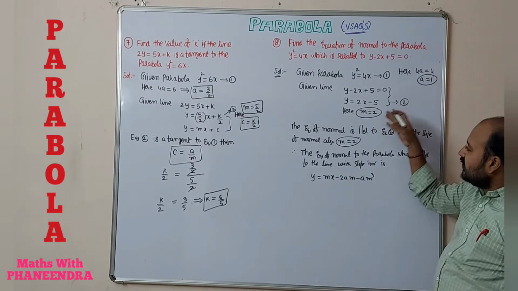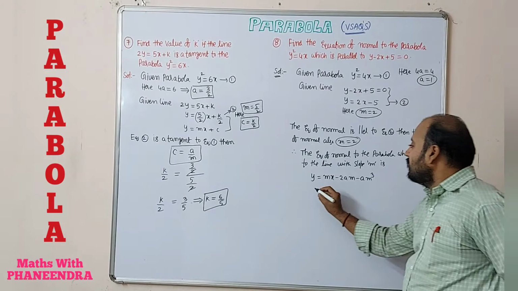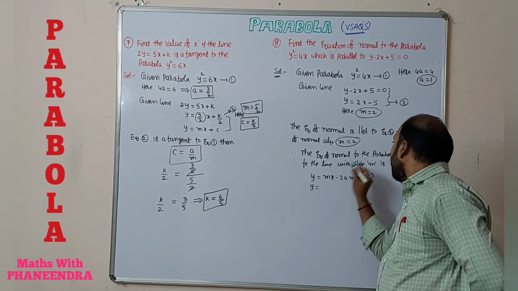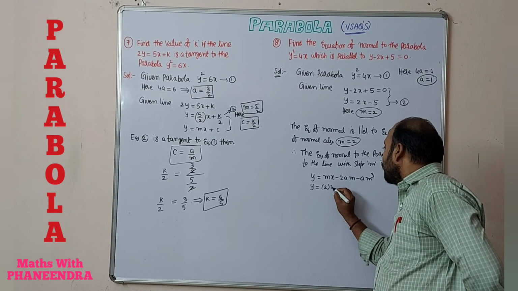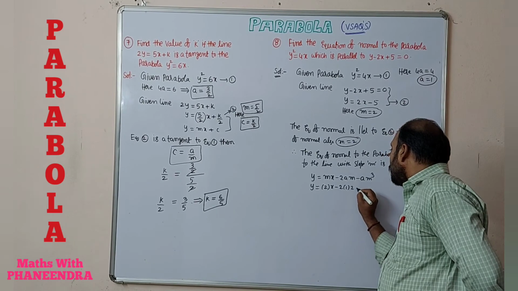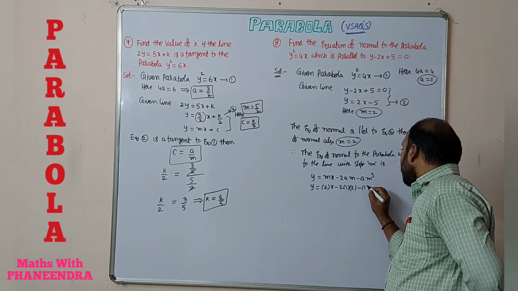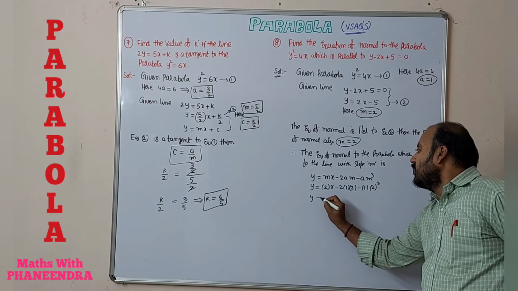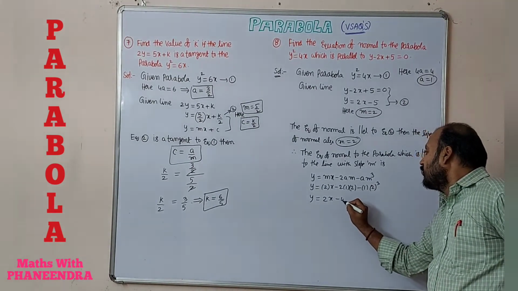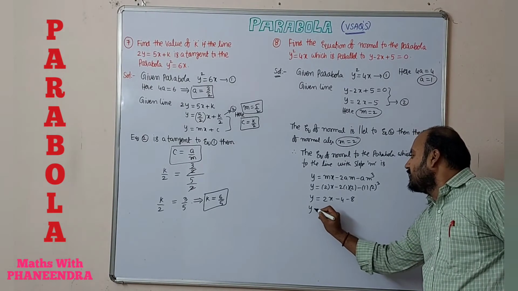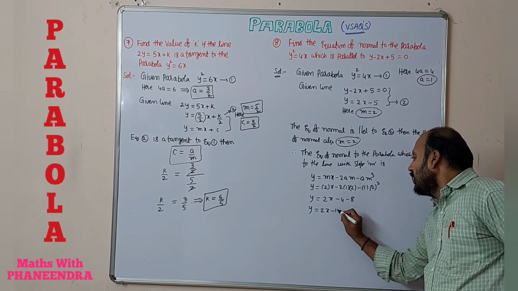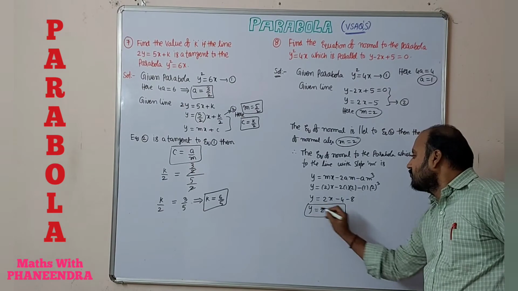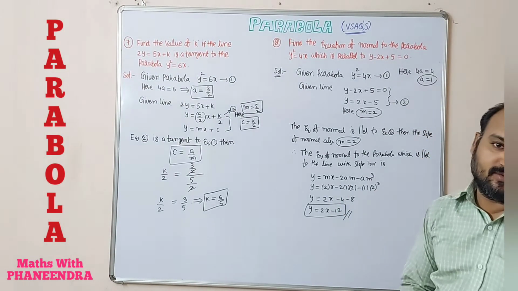A value we know that, m value also we know that, substitute here. Y is equal to m value is 2 into x minus 2 into 1 into 2 minus 1 into m cube, 2 cube. So y is equal to 2x minus 4 minus 8. So y is equal to 2x minus 12, which is the required equation.